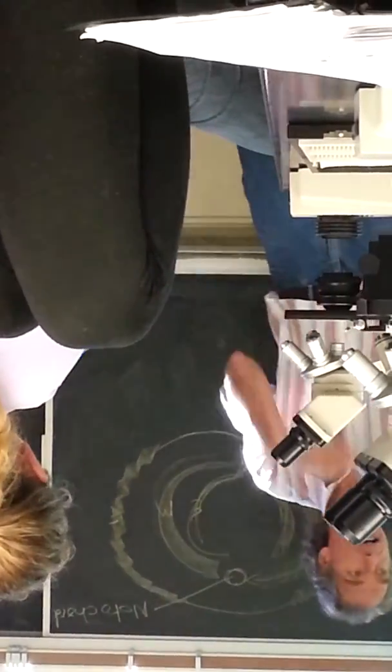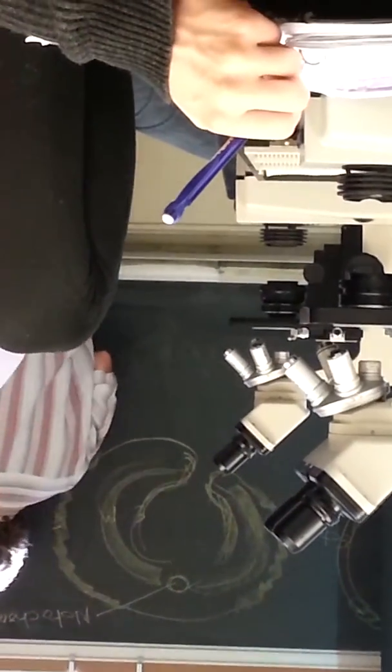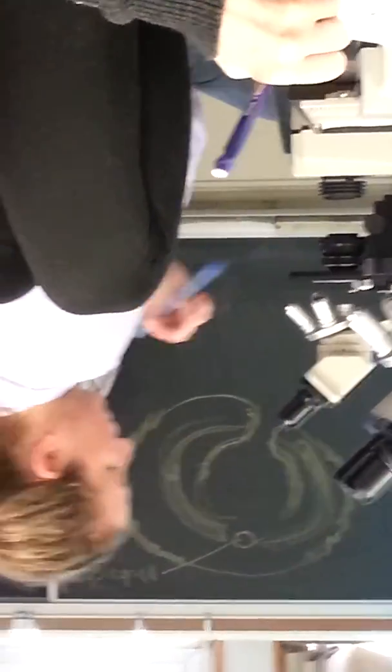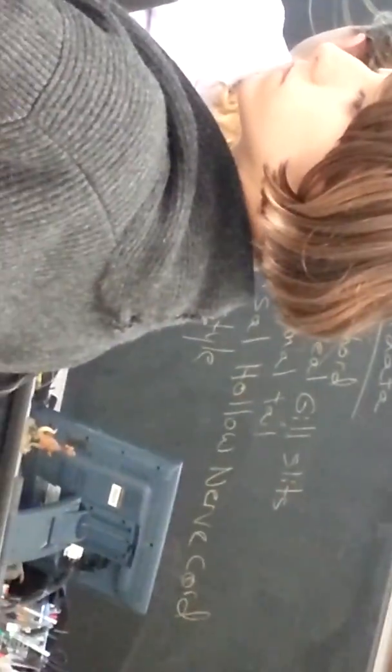There's one other feature of chordata that has only been tacked on in the last couple of editions of Hickman, and that is something called an endostyle, which some organisms have. It's a ridge that runs down inside of their throat that secretes mucus, and that mucus traps food.